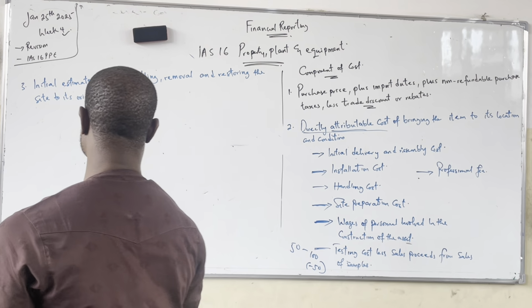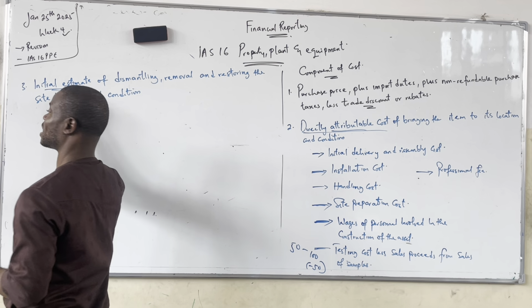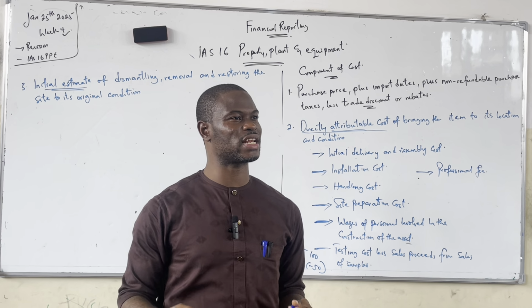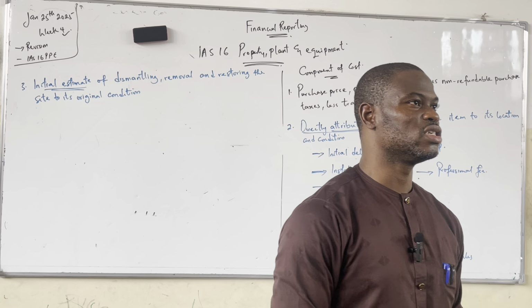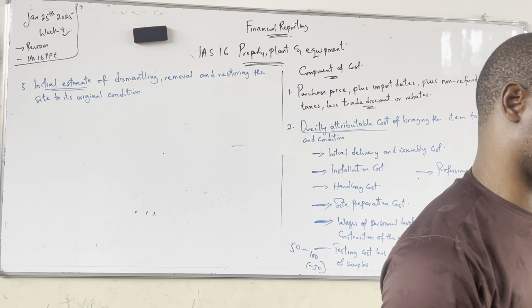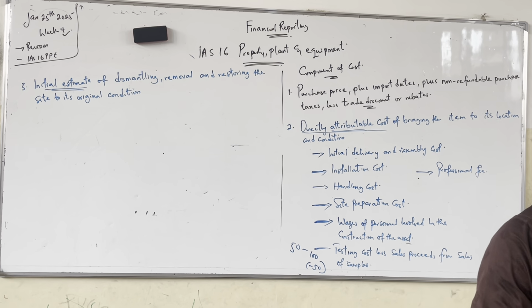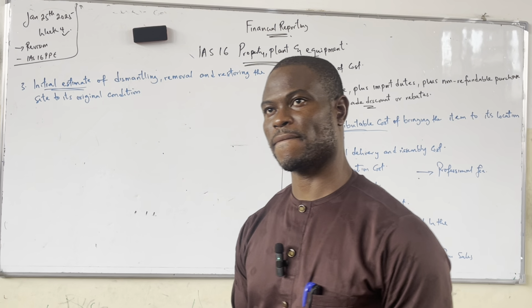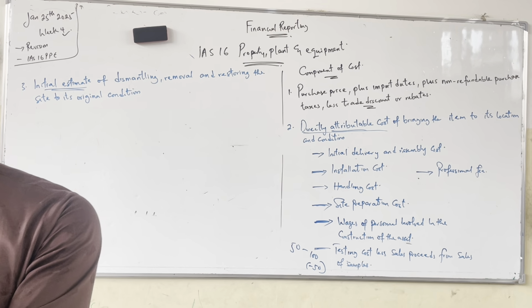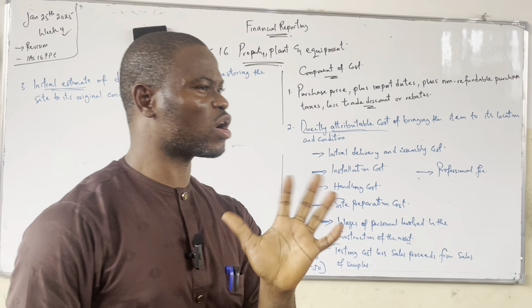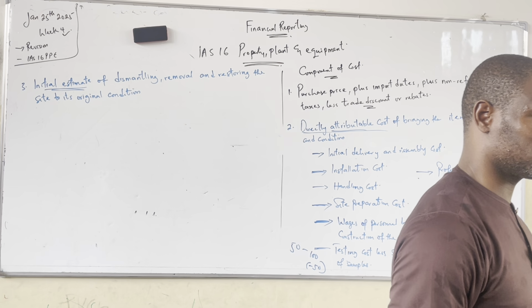And that is why they call it what? Initial estimate. It's an estimation that you can do. It's a future cost. Okay? Now, learn one thing. We don't work with future cost in reporting.